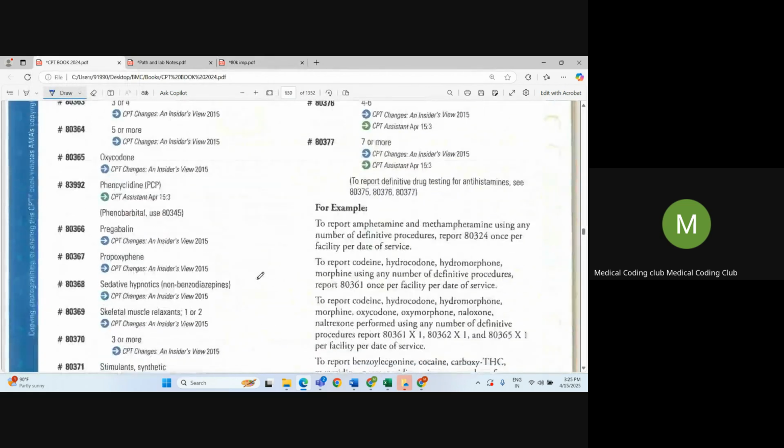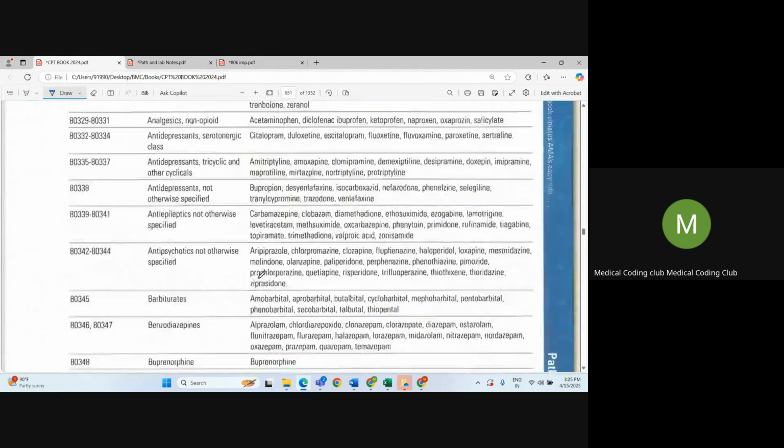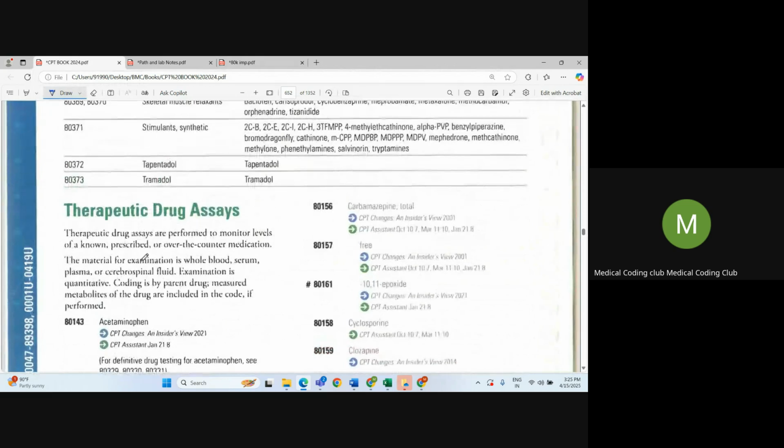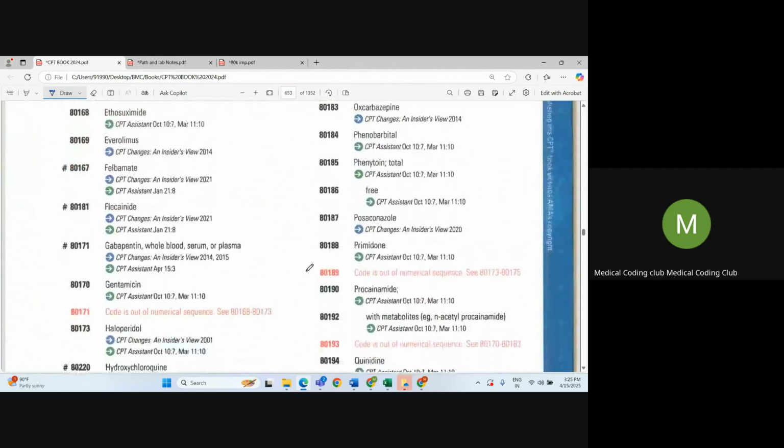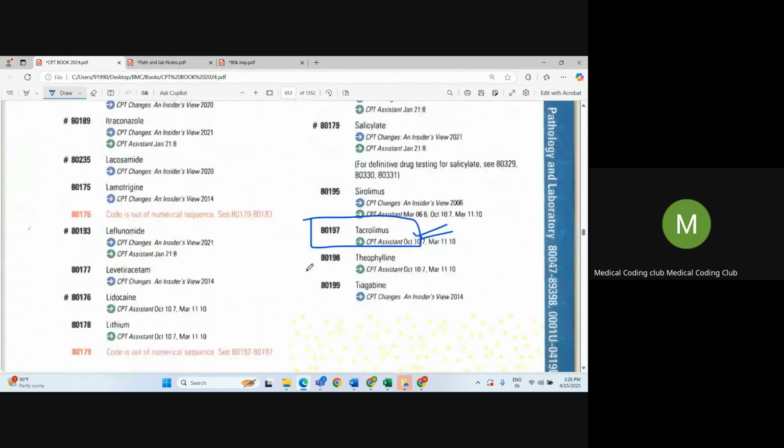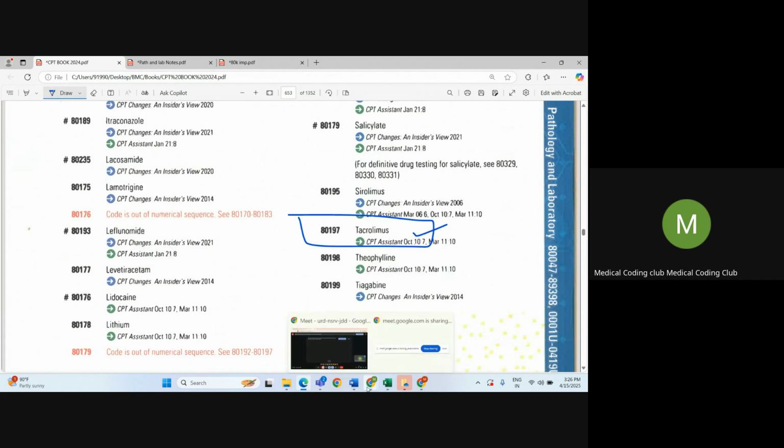After the definitive drug test, you will get the therapeutic drug assay. Under therapeutic, you can check for that particular drug whose concentration they are measuring. So tacrolimus, you can see here, is 80197. 80197 is the correct answer.